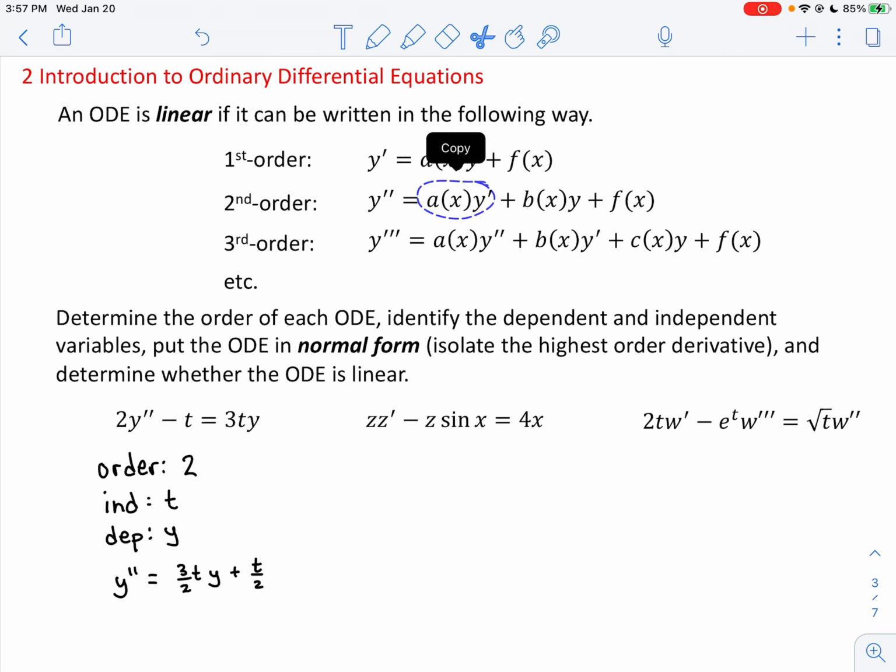So these three terms don't all have to be present. We do have a something times a y. So the coefficient here is the b of t. That's this 3/2 t, the b of t that's in front of the function y. And then plus some arbitrary function of t, so we have plus this t/2.